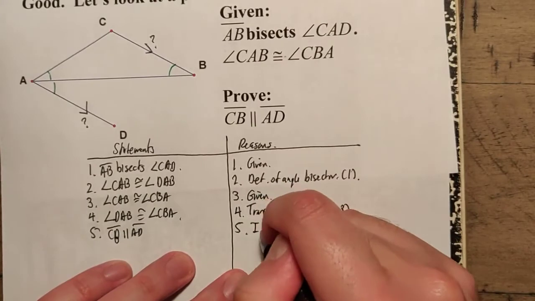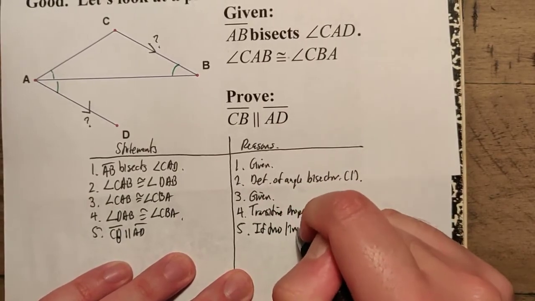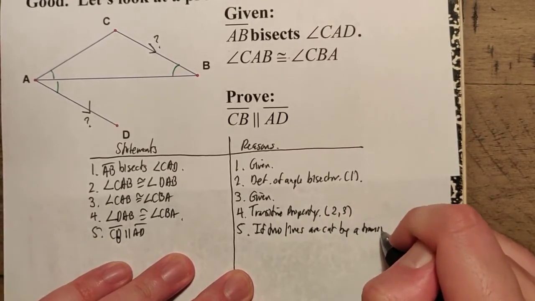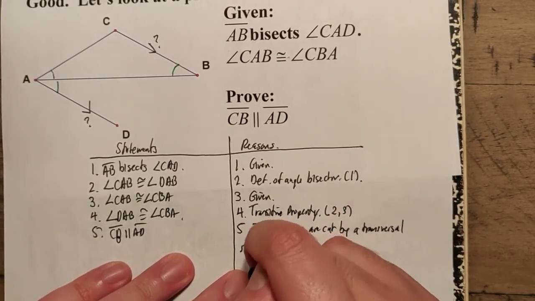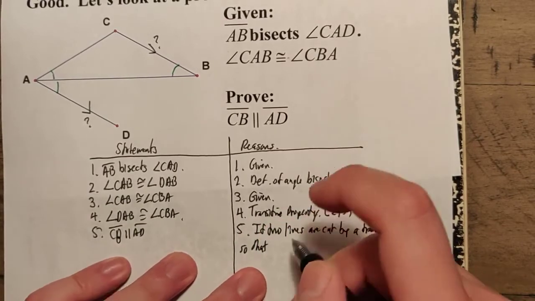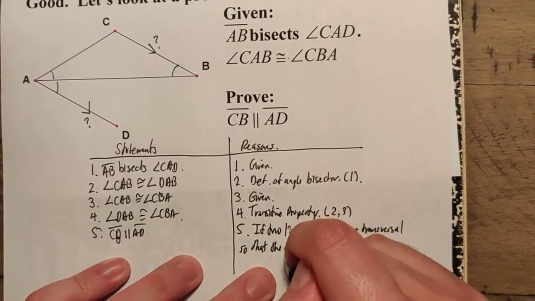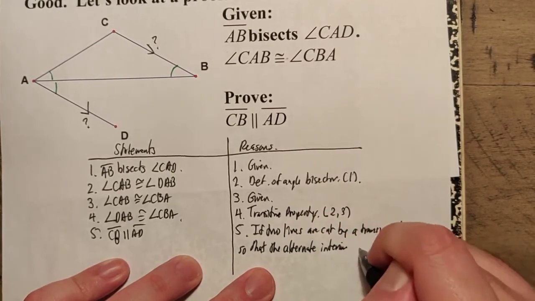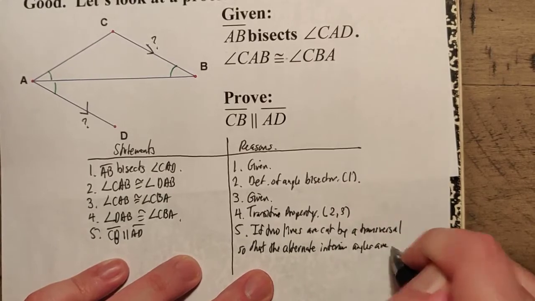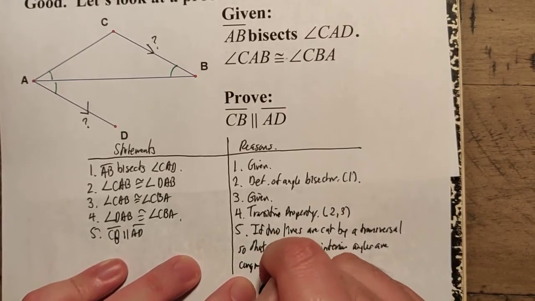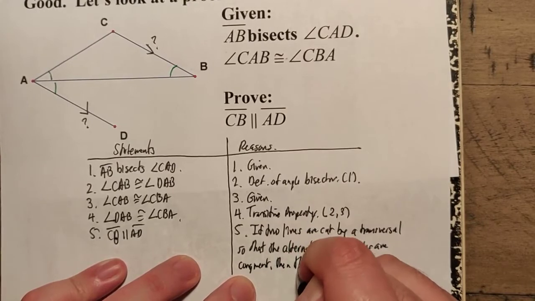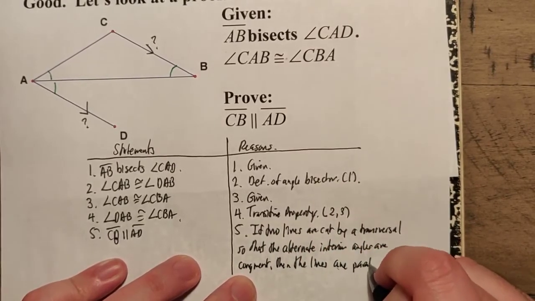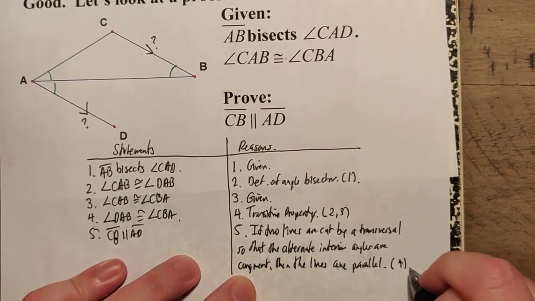And now we can say that if two lines are cut by a transversal so that the alternate interior angles are congruent, then the lines are parallel. And that's from step 4.